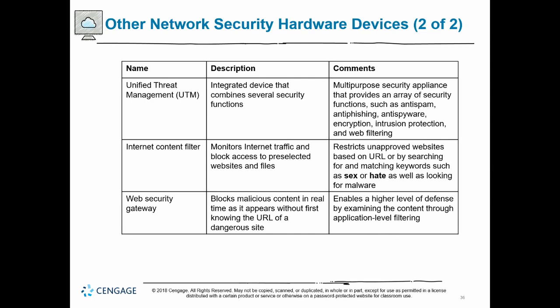Essentially, most of this stuff is integrated into single products now, like firewalls. I can tell you right now that there are firewalls out there that also do internet content filter and web security gateway at the same time.